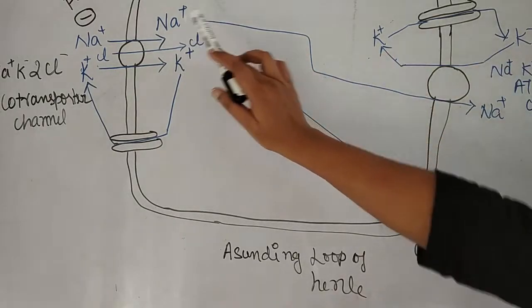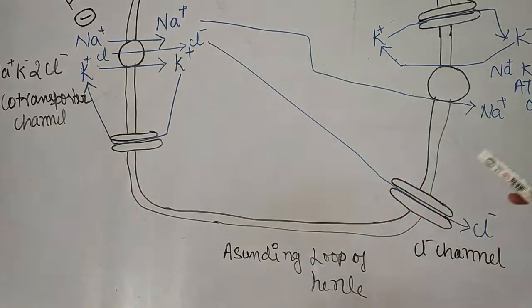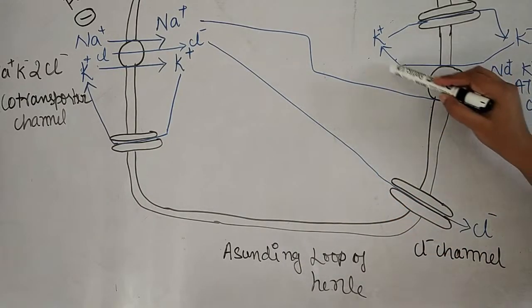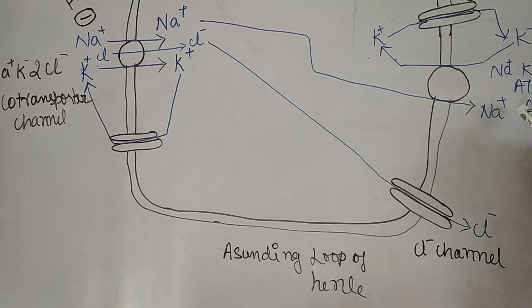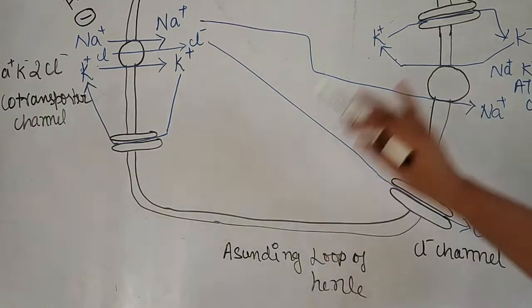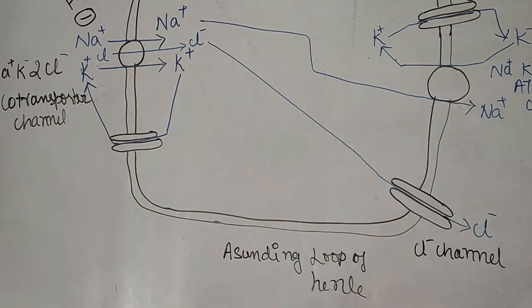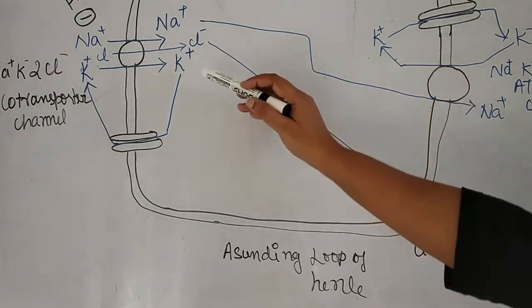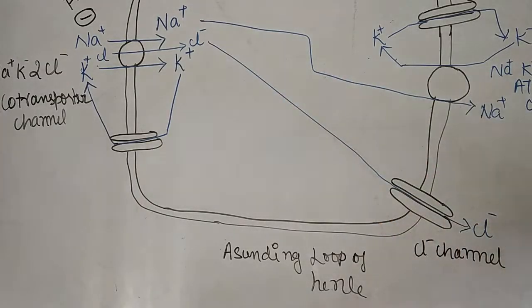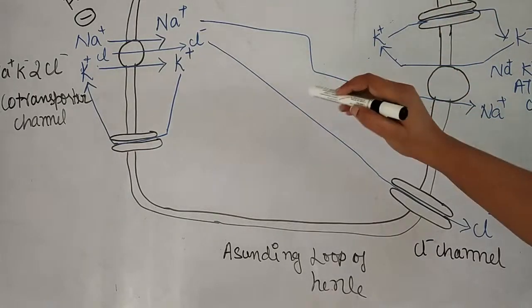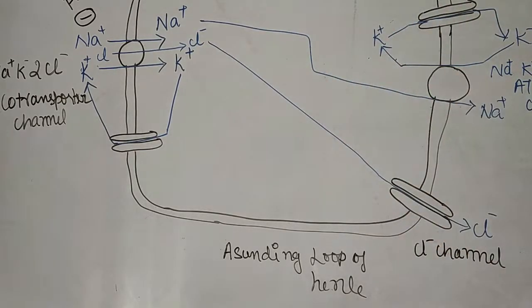The sodium which is present inside will go outside, and the same amount of potassium will enter through this sodium potassium ATPase. These channels are interlinked with each other, where the ion can enter or exit. If the ions are present here, they will be included in urine, and whatever ions enter inside will get reabsorbed in the body.